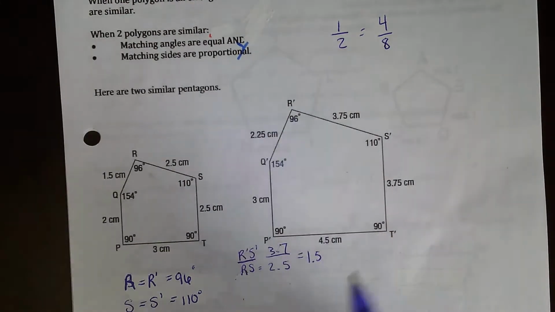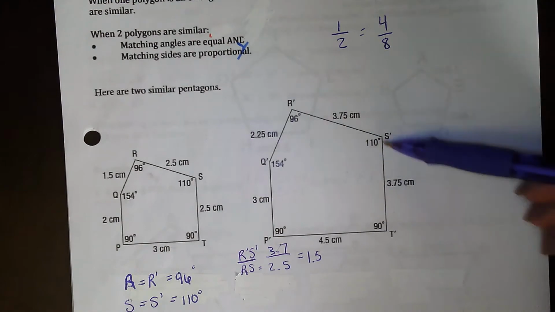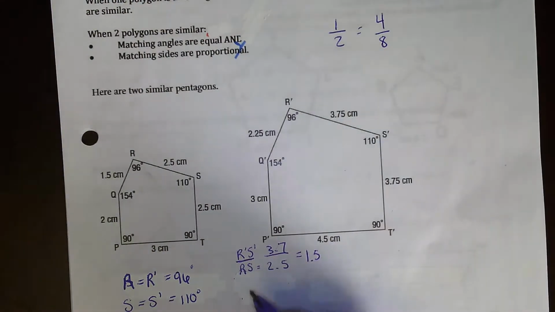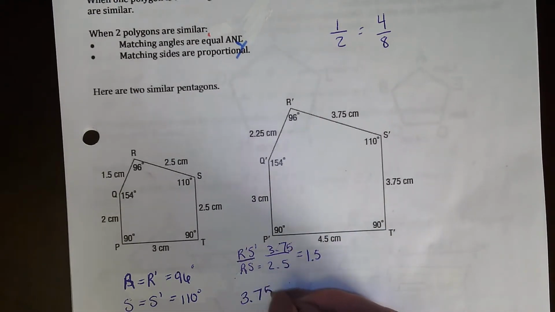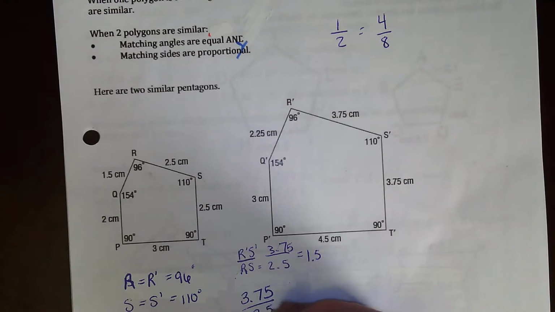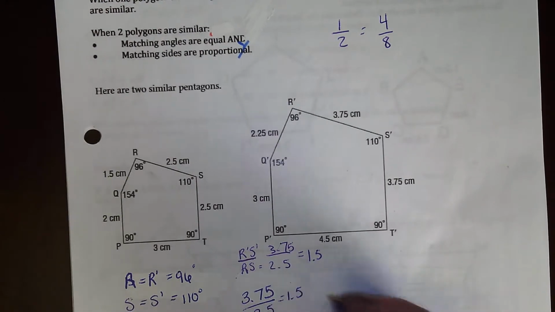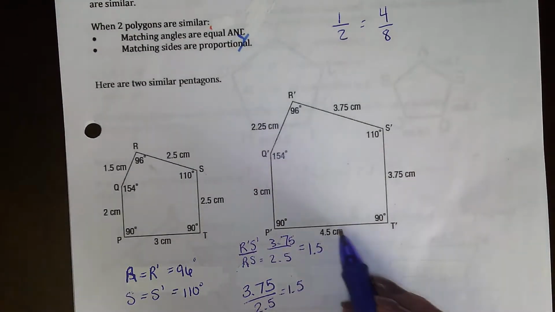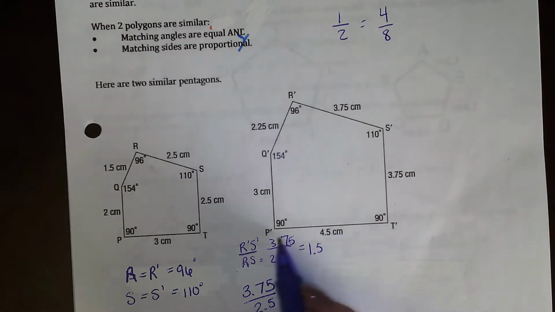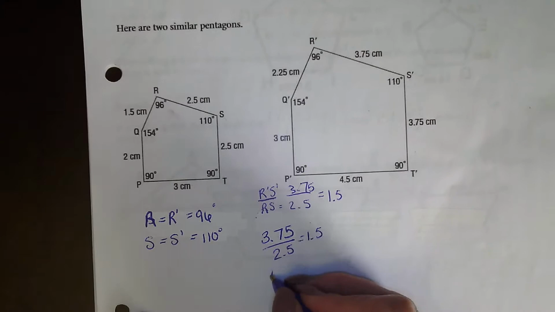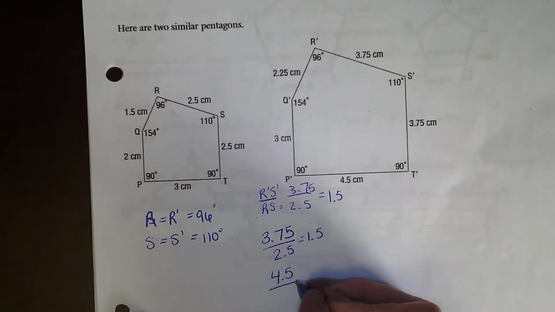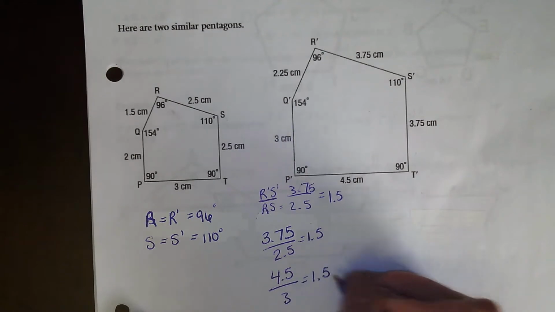Then I'm going to match up ST and S'T'. Well, that's the same thing, so obviously the same. What about along the bottom? This 4.5 divided by 3. Yep, that's 1.5.